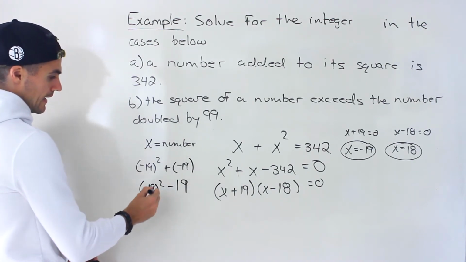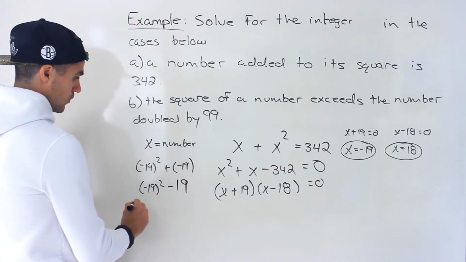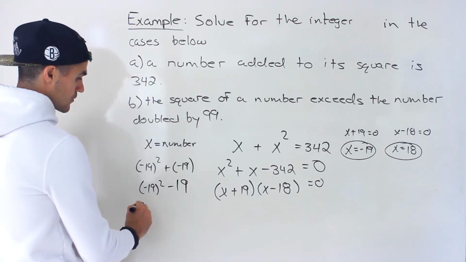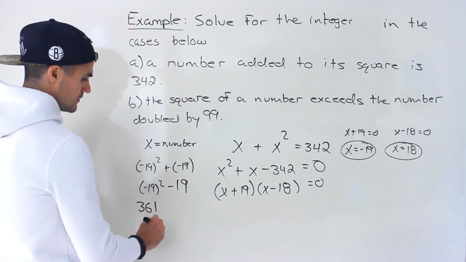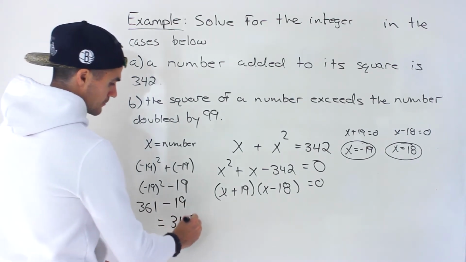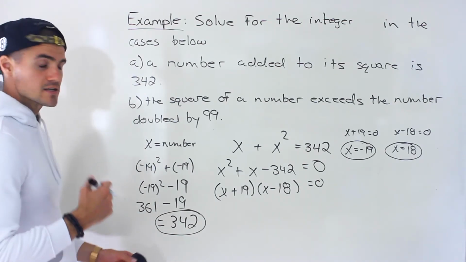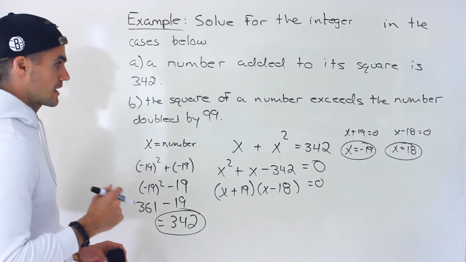Negative 19 squared gives us 361, and when we subtract 19 from that, we end up with that same sum of 342. So in this case, we got two different solutions.